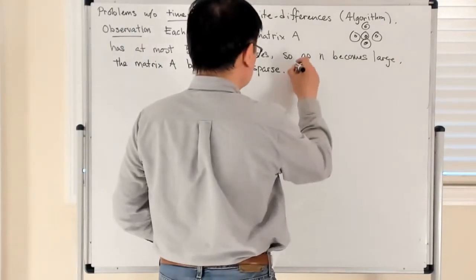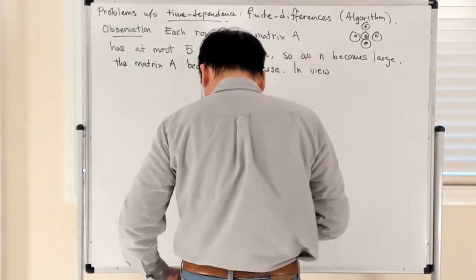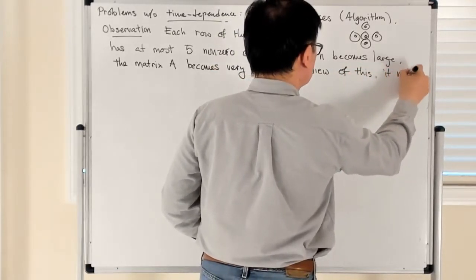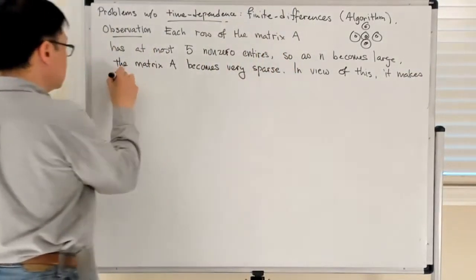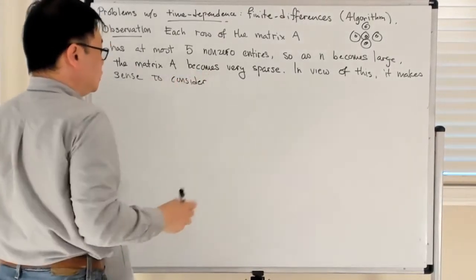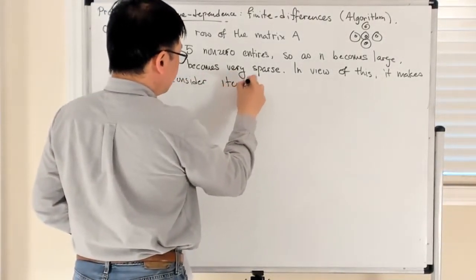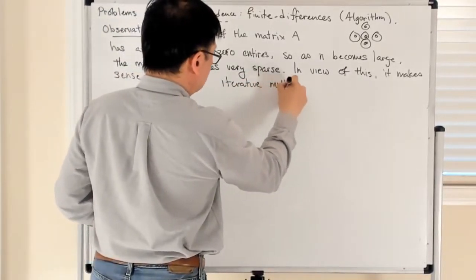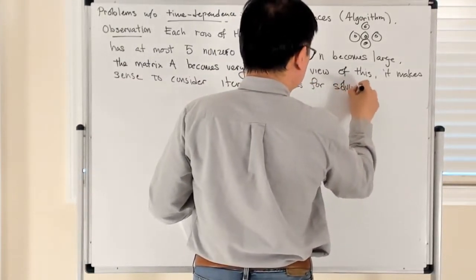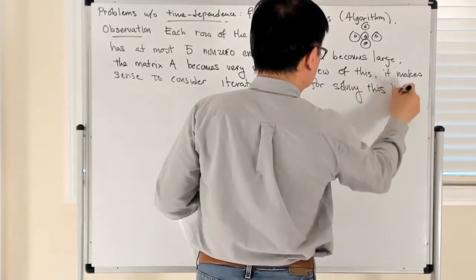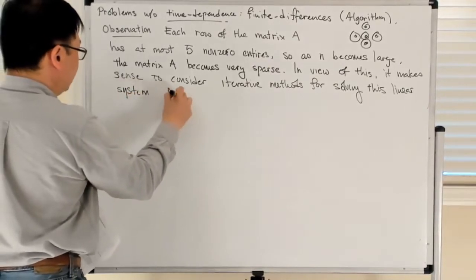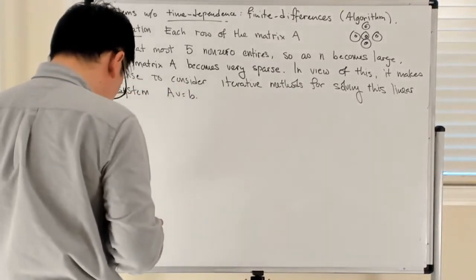So in view of this, iterative methods for solving this problem, solving this linear system, AV equals B.